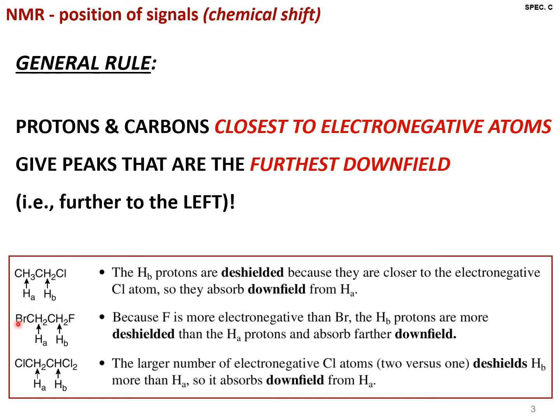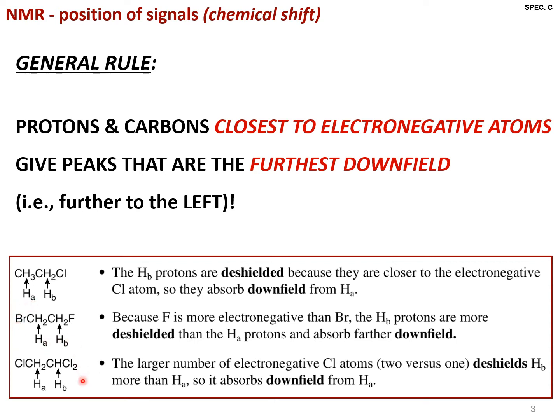In the second example, we have a halogen on each atom, but fluorine is more electronegative than bromine, which would mean that the hydrogens and this carbon would appear furthest downfield in NMR than the hydrogens and carbon attached to bromine.